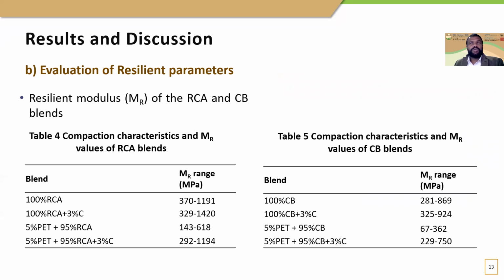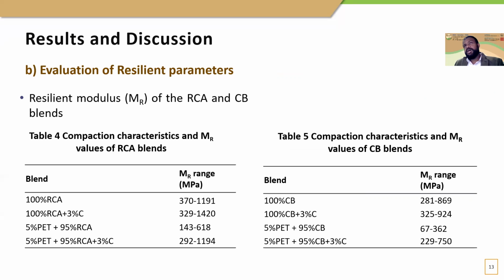The RCA blend shows higher resilient modulus values than the CB under the same confining pressure applied at 15 stages of the RLT test, or the repeated load triaxial test. Resilient modulus values of the stabilized materials are highly governed by the Los Angeles abrasion loss value of the materials used.